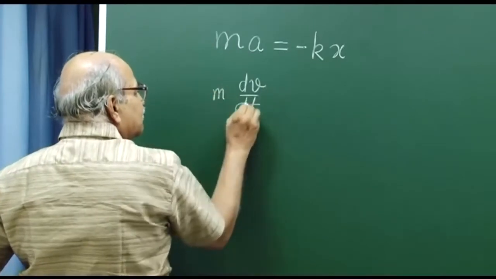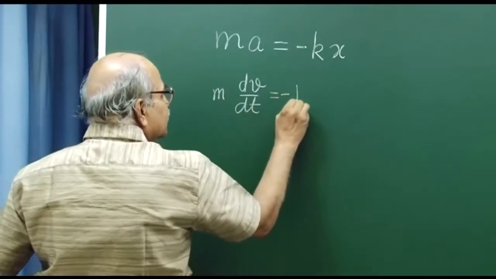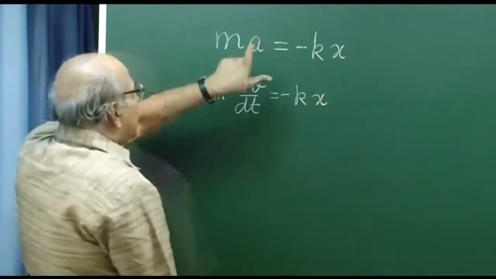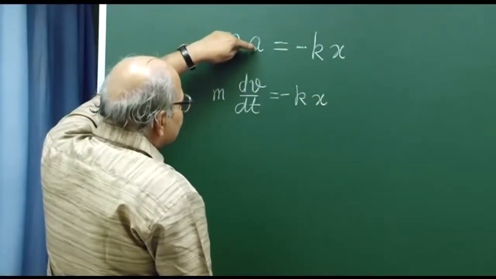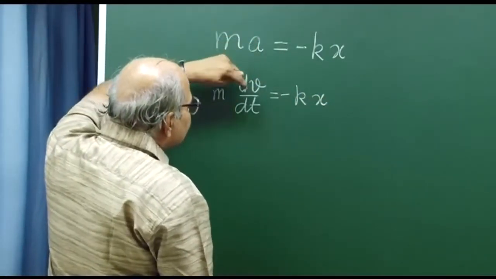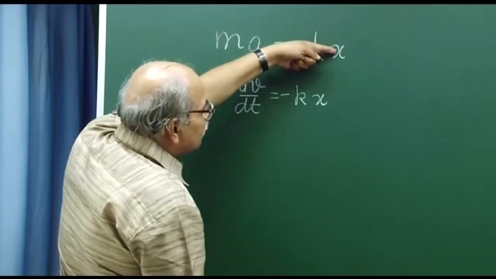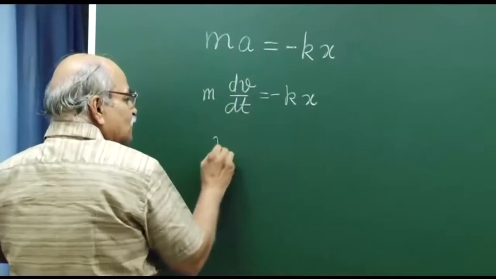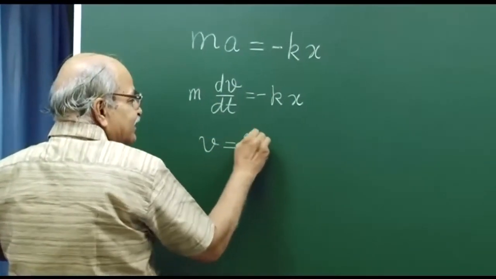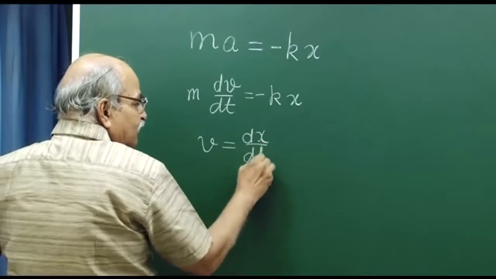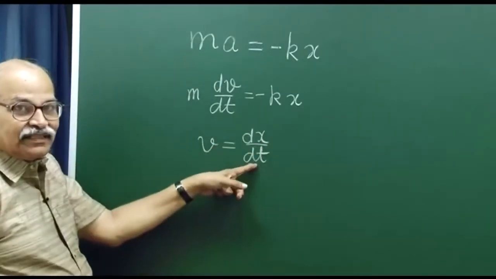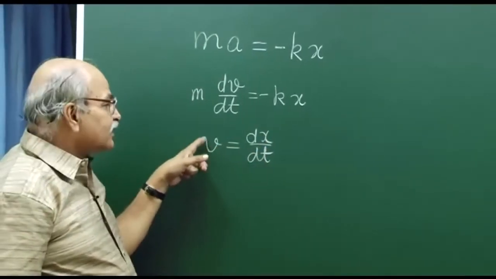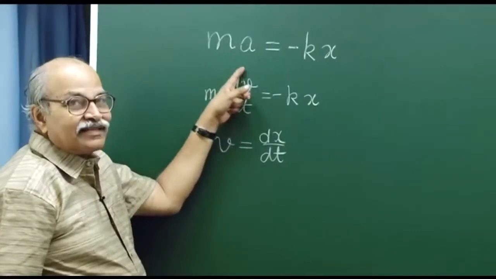So, it is m dv/dt equal to minus kx, and velocity itself is the rate of change of position, so this v can also be written as dx/dt. Rate of change of position is velocity, and rate of change of velocity is acceleration.